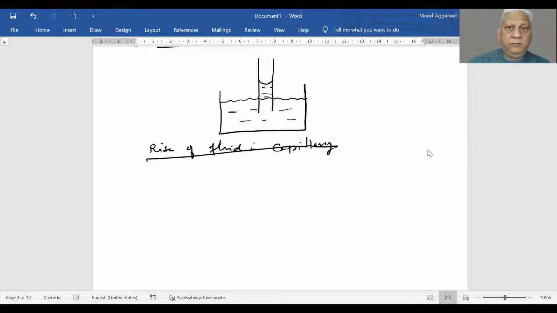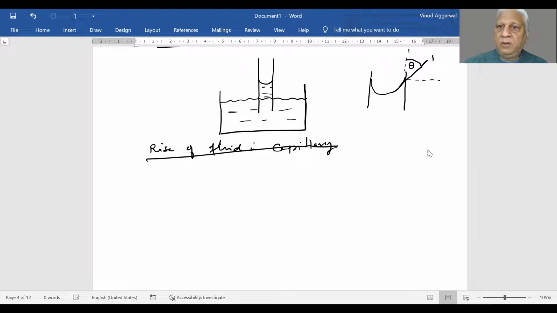Now, if you see carefully, if I magnify this diagram here, there is this meniscus, and if we draw a tangent to this meniscus, we call this as theta.